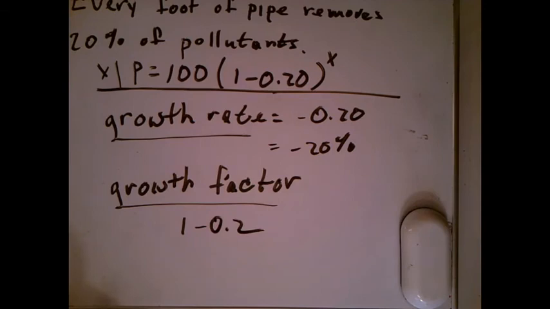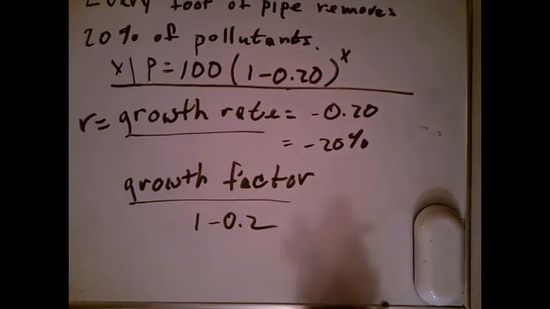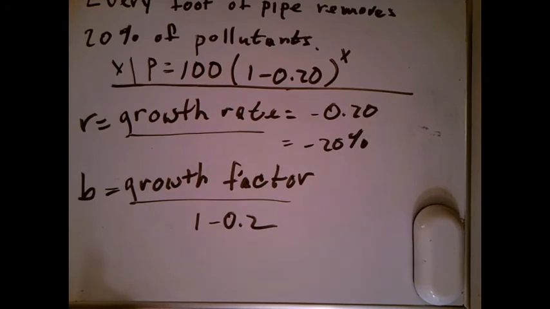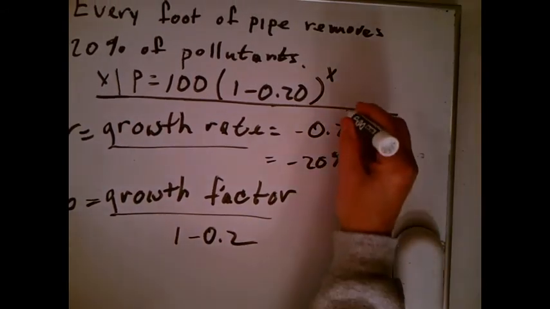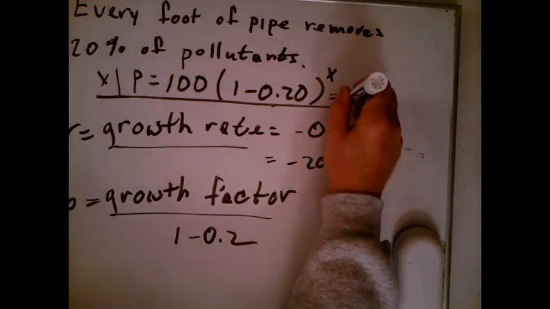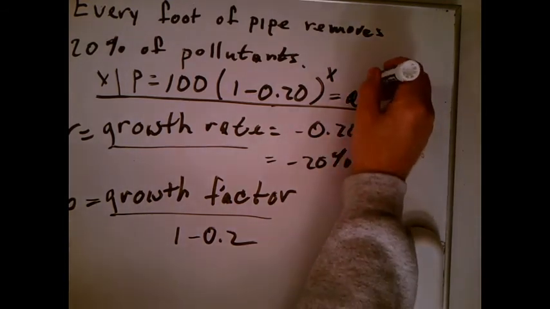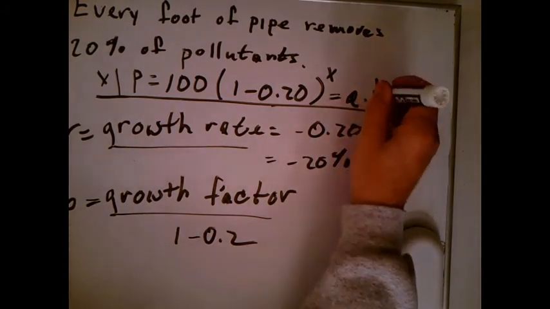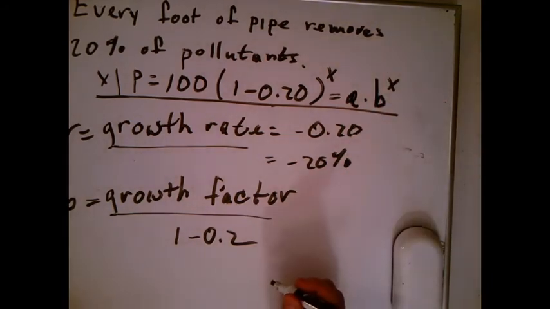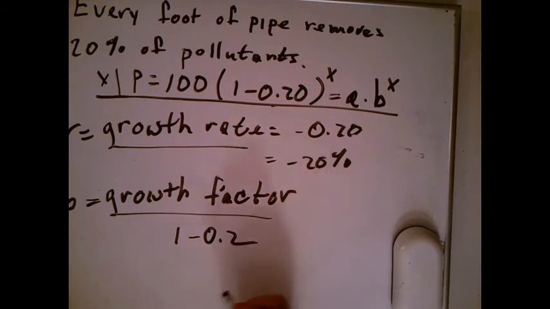Now the letter they normally use for growth rate is R. The letter they normally use for growth factor is B, and the equation that they usually write down for an exponential function should be an initial value, which is 100, times b to the x. So we can see in this case a is 100. We can see that b is 1 minus 0.20. We can see that the growth rate is negative 20%.